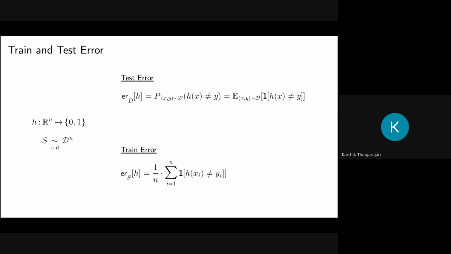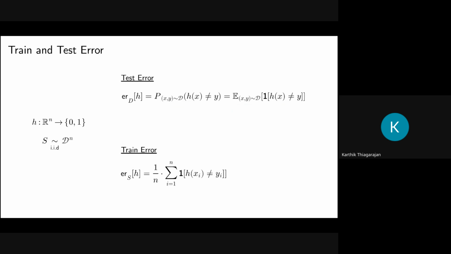The test error has two forms, and both are very important. What is the test error telling you? One thing it's telling you is how likely you are to make a mistake, on average, when you take the average over the entire data distribution. Alternatively, you can think of it as the expectation of the indicator random variable.